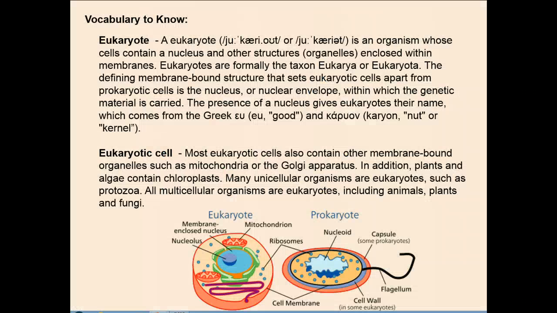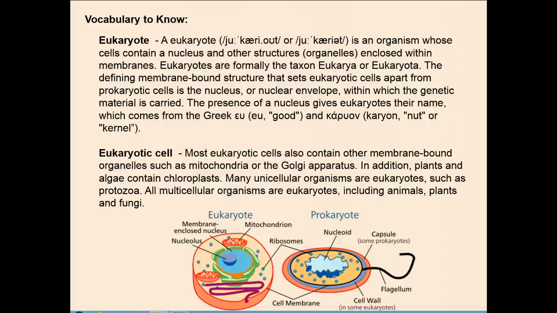So if you look at the vocabulary that was in your study guide, the more defined definition is an organism whose cells contain a nucleus and other structures. And organelles is an important word to denote, because those are specialized offices that provide a function that's unique, but they're enclosed within membranes.